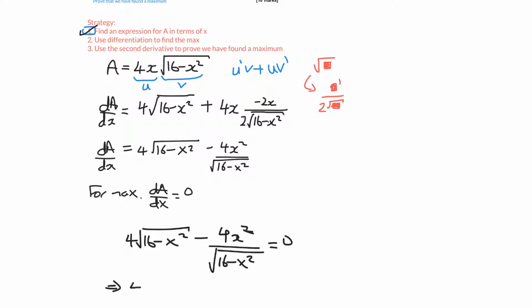So we're going to have 4. Now when I multiply the square root by the square root again, we'll get 16 minus x squared. The next term, we're multiplying by square root of 16 minus x squared to clear its denominator. So it will just be minus 4x squared. And that equals 0, because even when 0 is multiplied by the square root of 16 minus x squared, it's still 0.